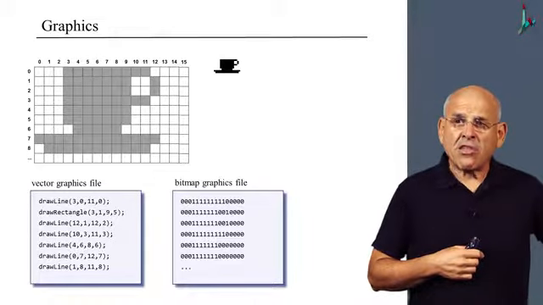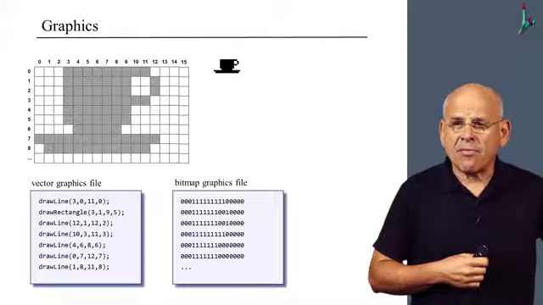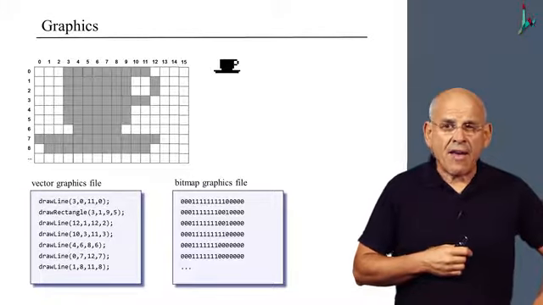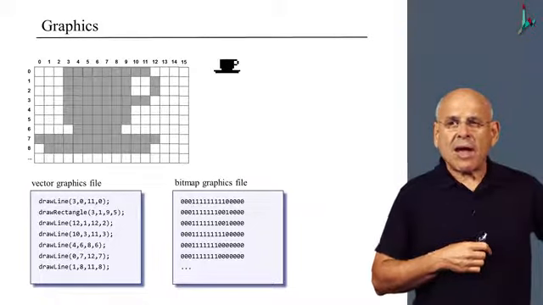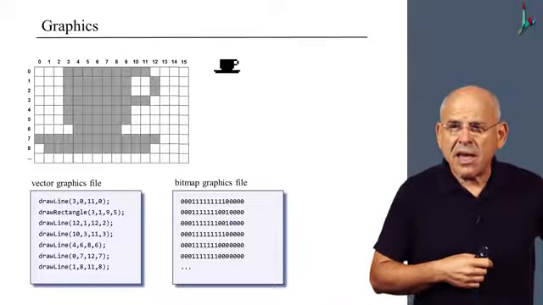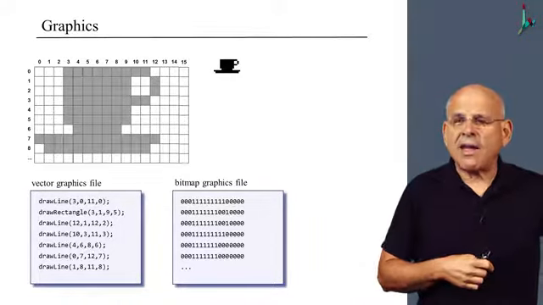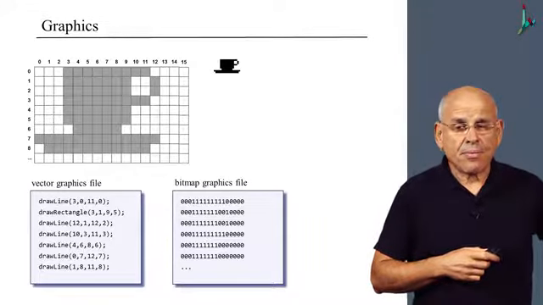Then I take advantage of the fact that I have a large rectangle, so I draw a rectangle from 3,1 to 9,5. So in one shot, I described how to draw, I think, 35 pixels. And then I keep on drawing a few more lines in order to complete the specification of this cup.